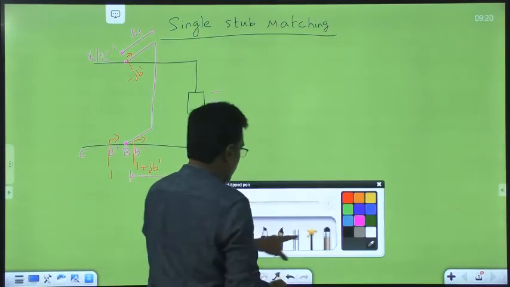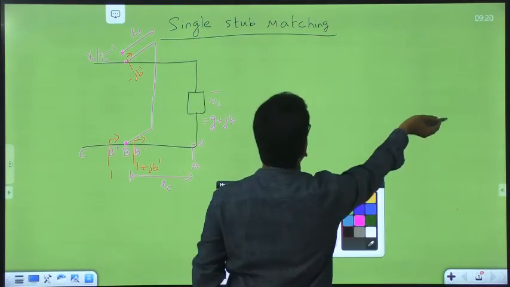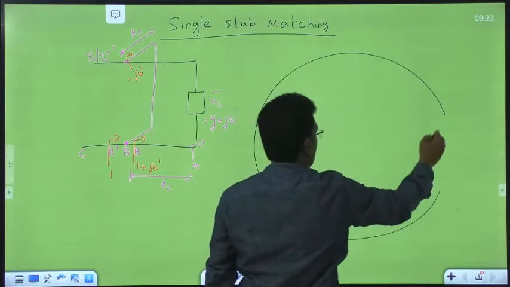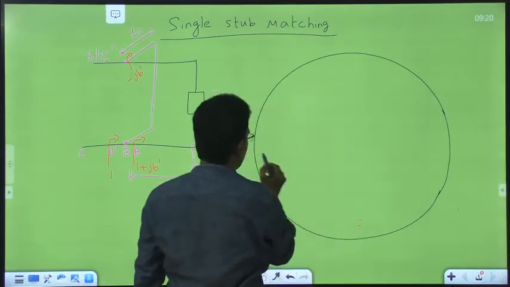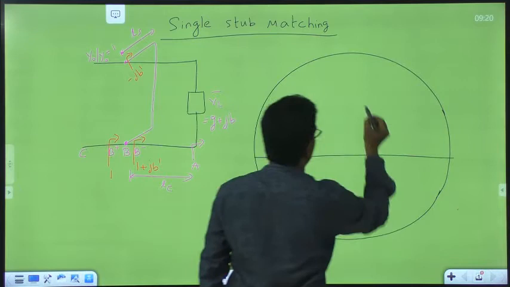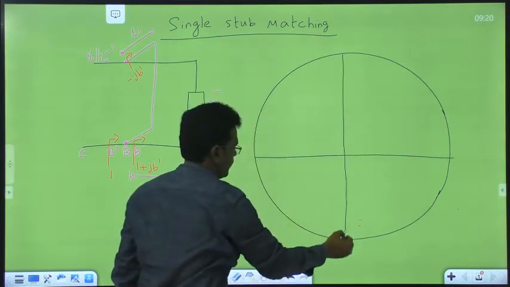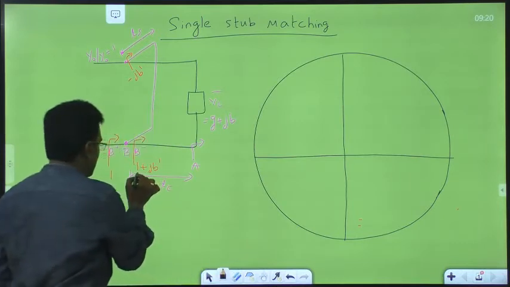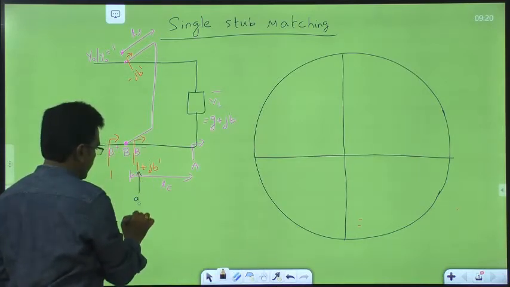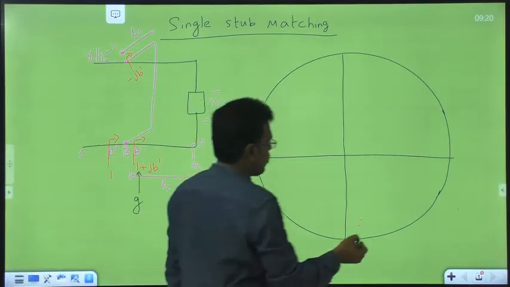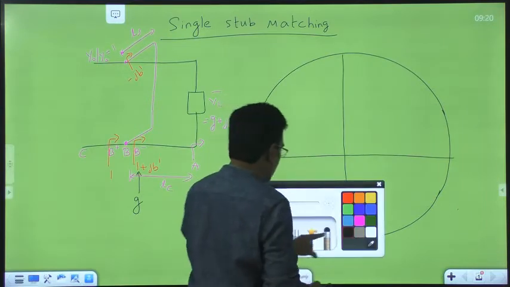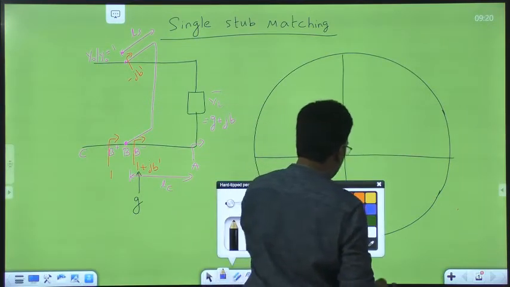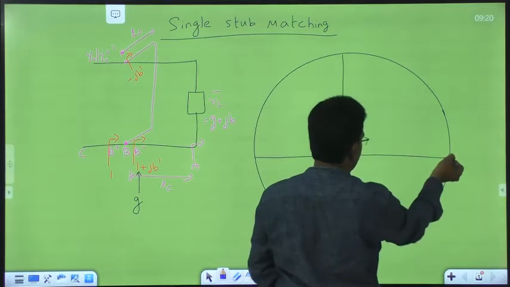Now, try to draw a Smith chart here. So this is the normalized admittance chart. Here you have to choose G as 1. For that reason, I am drawing one circle called the G is equal to 1 circle.